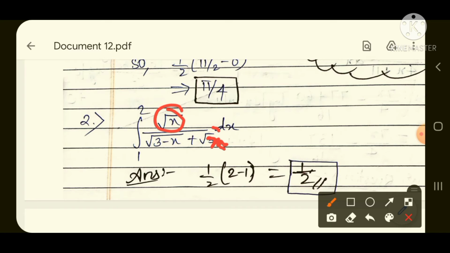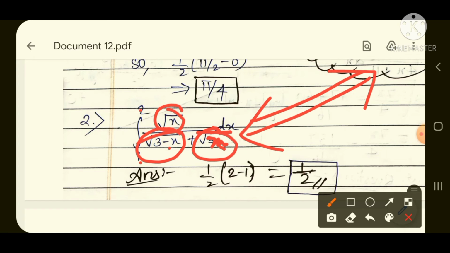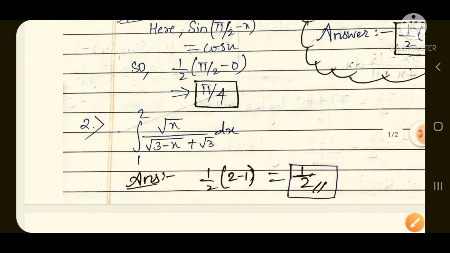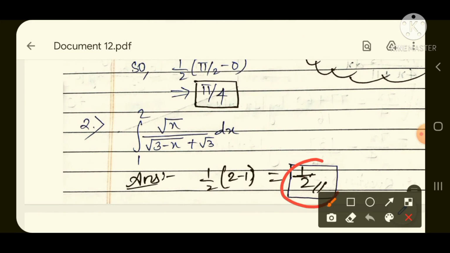And we have a plus b minus x, 2 plus 3 minus x, here under root. So we have got f of a plus b minus x, the format which was there in this trick. So here the answer is simply b minus a by 2, upper limit minus lower limit by 2. So 2 minus 1 is 1, by 2 is 1 by 2. So our answer is simply 1 by 2.